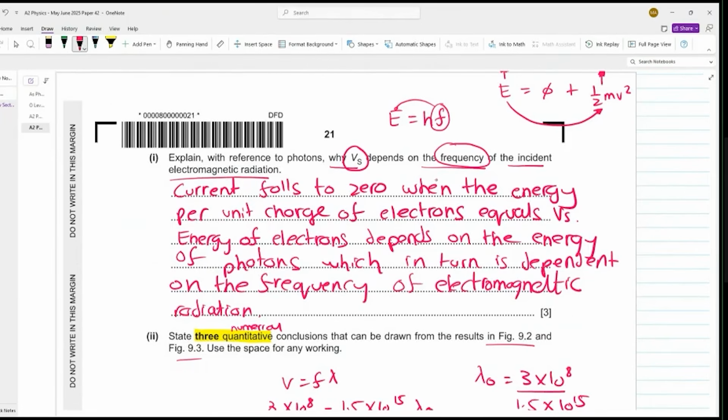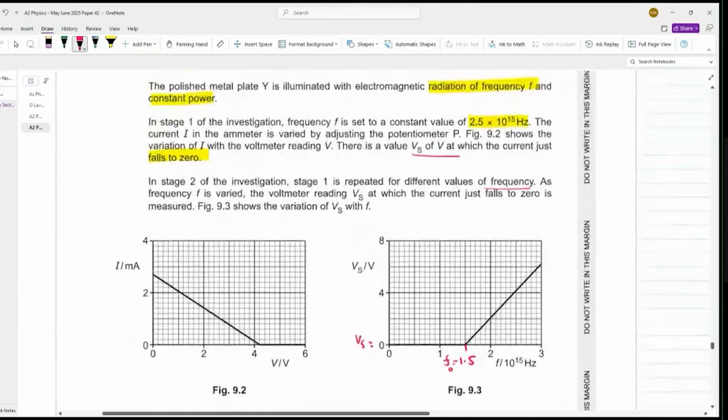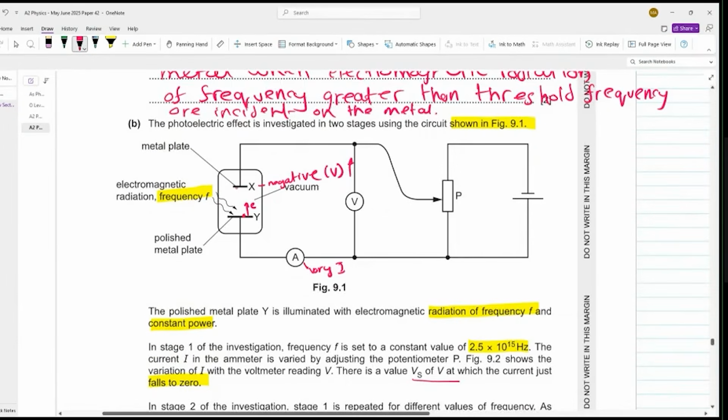You have to first realize that the frequency of the incident electromagnetic radiation determines the energy of the photon. The energy of the photon can be divided into 2 compartments, the work function and the kinetic energy. If the energy of the photon increases, the work function remains the same, so the kinetic energy also increases. If the kinetic energy of the electron increases, you have to apply a more negative voltage to stop the electrons. Hence your Vs will increase.